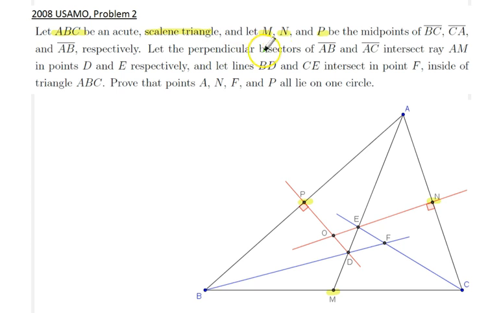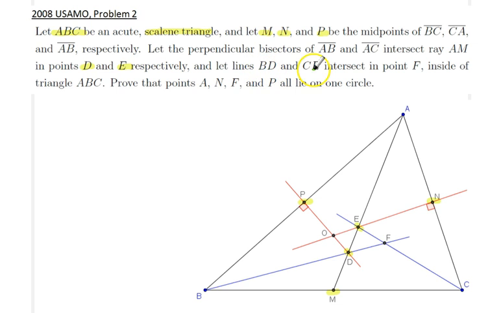Let the perpendicular bisectors of AB and AC, namely PD and NE here, the red lines which show clearly the perpendicular signs, intersect the ray AM or line segment AM in points D and E respectively. So these 2 points appear.